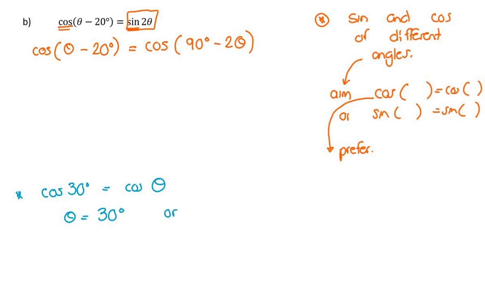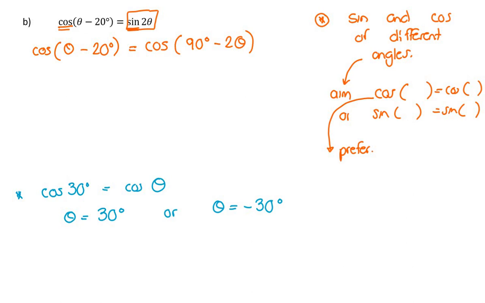Or would you also agree that when you find a solution for a cos equation, it's always plus minus? Positive 30 degrees has the same cos ratio as negative 30 degrees, because in cos equations, plus or minus an angle gives you the same cos ratio.